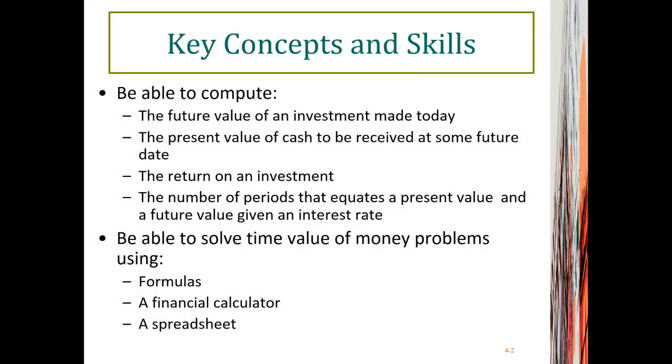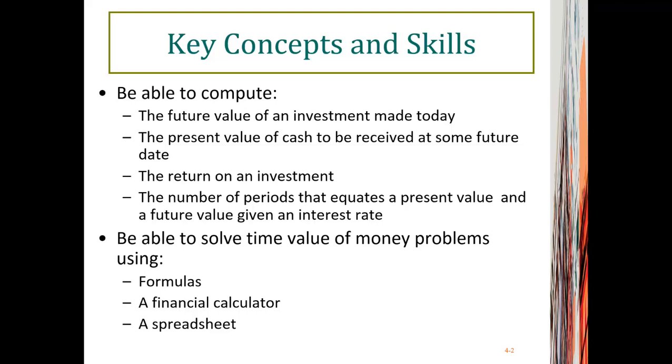At the end of this chapter, you should be able to understand, first, the definition of future value and how to evaluate the future value of a certain cash flow based on three different methods: by doing manual calculation based on a formula, by using your BA II calculator, or by using an Excel spreadsheet.